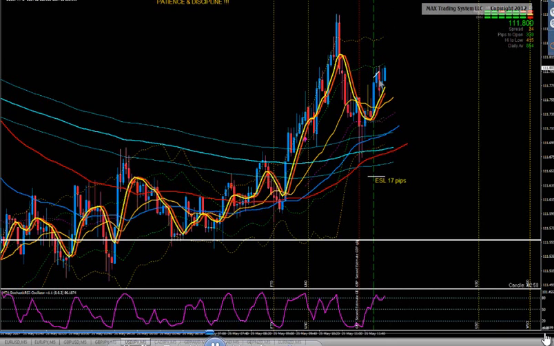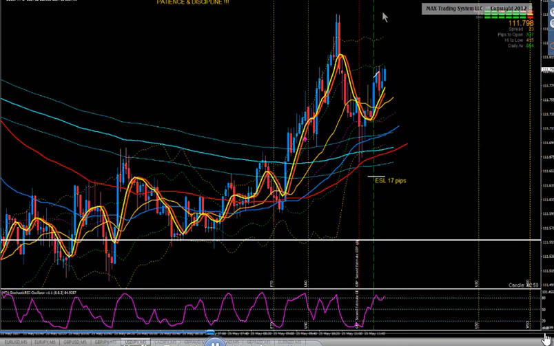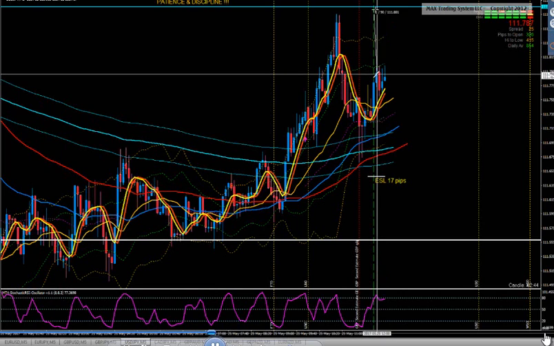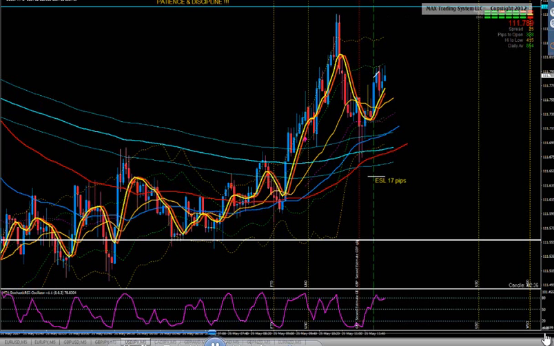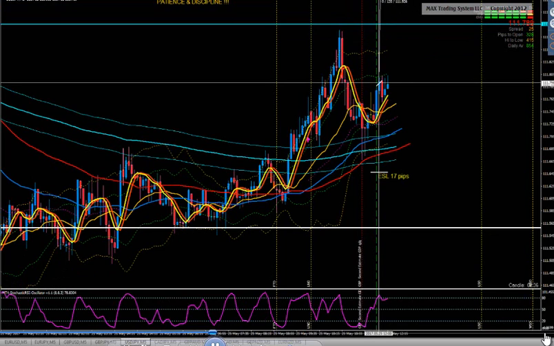Let me draw a horizontal line to pinpoint that area. So around this level, plus the spread, so 11 pips, it will be somewhere just at the top of the screen, somewhere in this area here, or at a better level.